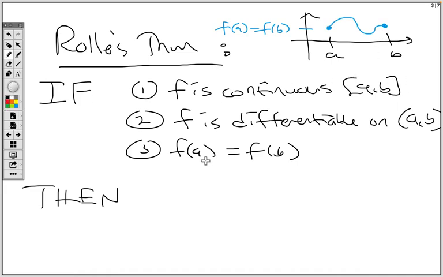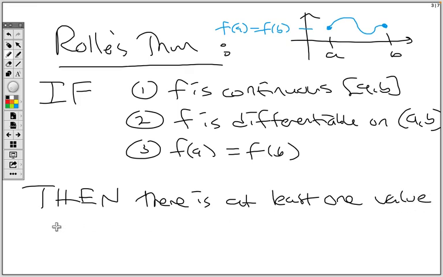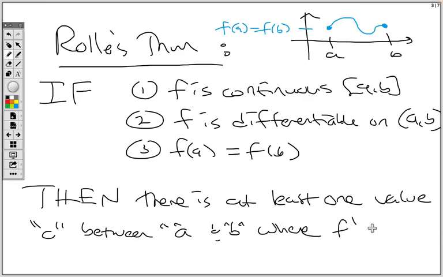So Rolle's theorem says under these three conditions, then there is at least one value c between a and b where f'(c) equals 0. So this value c is between a and b. It's an x value, and somewhere in between the derivative is 0, which means somewhere in between we've got a horizontal tangent line. Okay?